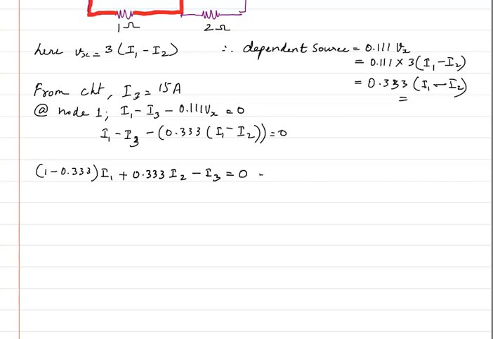So from this one I can directly get 0.667 I1 plus 0.333 I2 minus I3 is equal to 0. So this is going to be my second equation. This was my first equation, and this is my second equation.